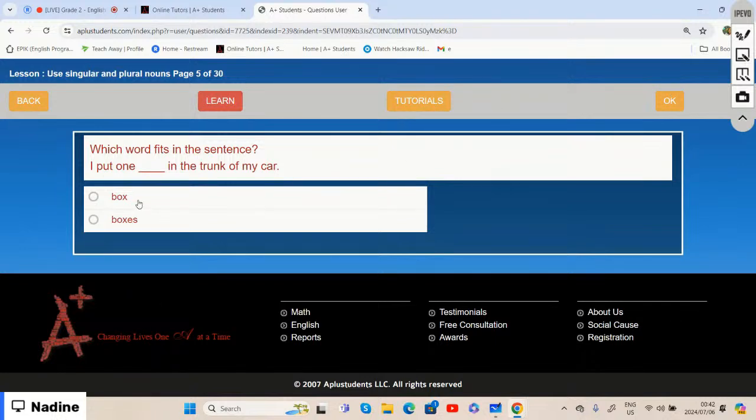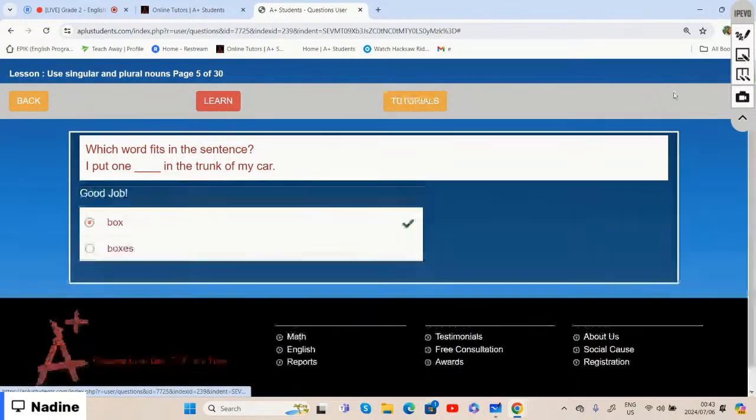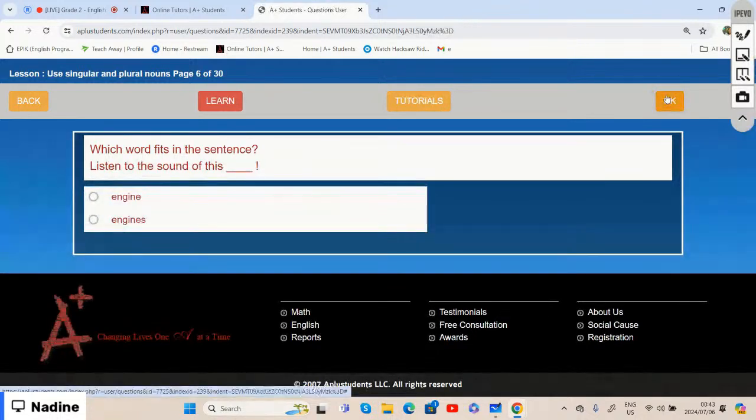All right, so we can say I put one box, only one box in the trunk of my car. So box is correct.